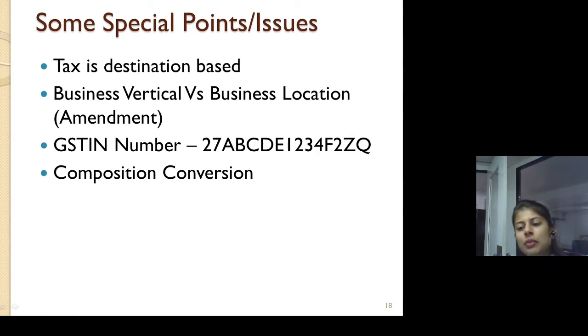So till June, I have the option to go into the composition system of tax payment for the year 2021, but there is one condition: I should not file any regular returns, that is GSTR 1 and 3B, for 2021. If I file any return, I will become ineligible to take the conversion.